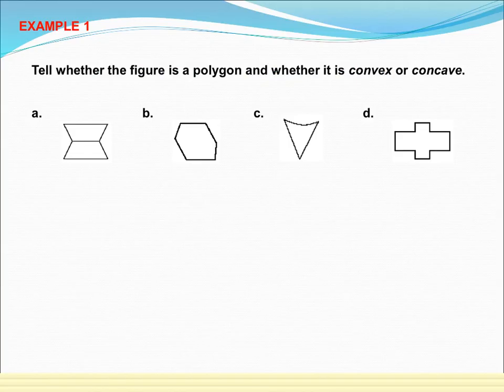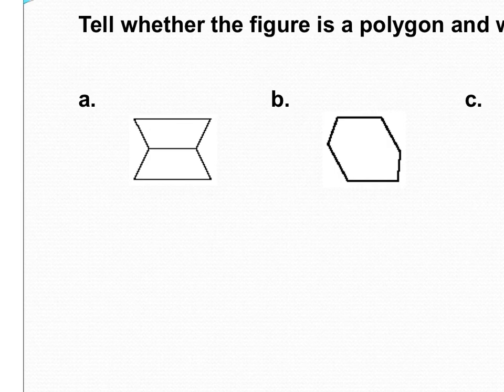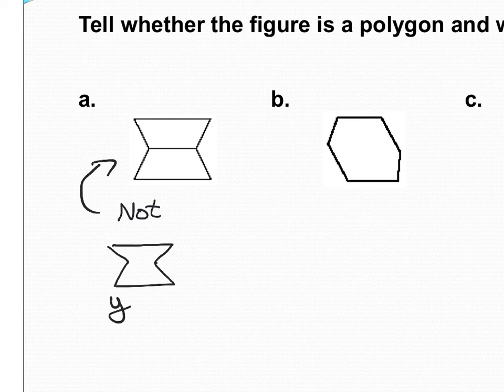So for the next one, for part A, this one is not a polygon. Now, if the figure looked like this, that one's not, but this one, yes, it is a polygon. And again, if you were to draw one of the sides and make a line on top, this would be a concave polygon.